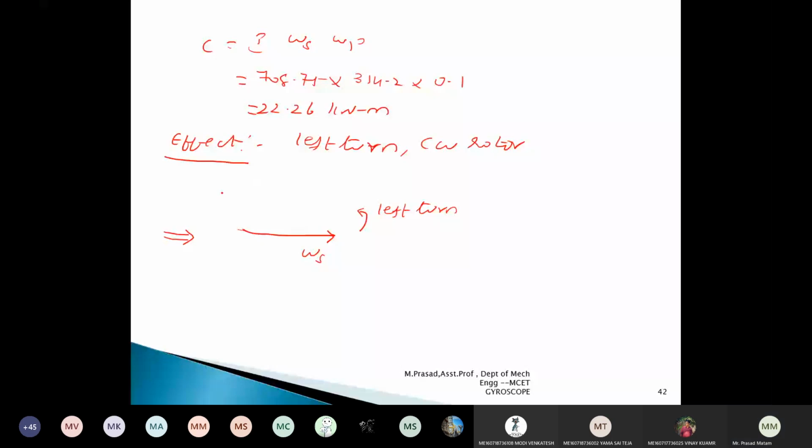Right. This is my precession vector I am getting here. This shows my precession vector omega s. Sorry, omega p.